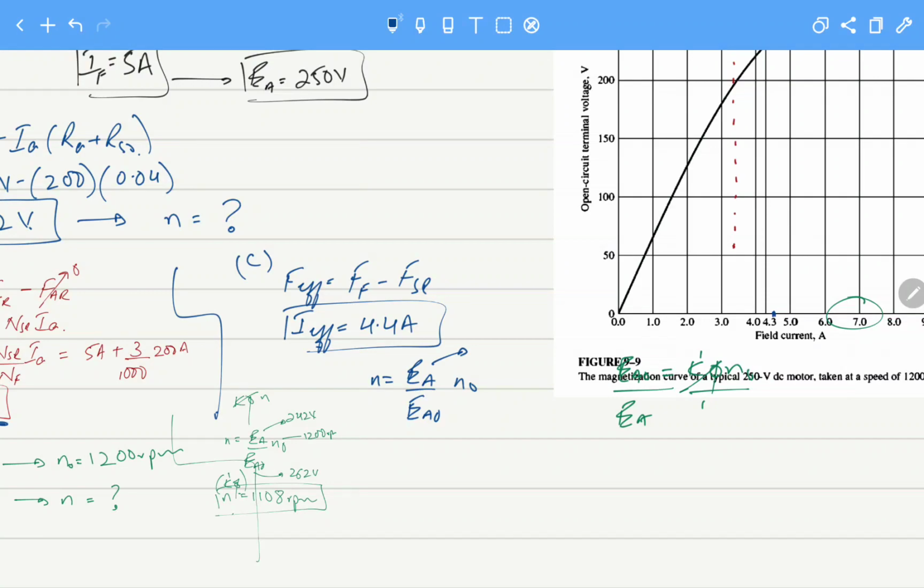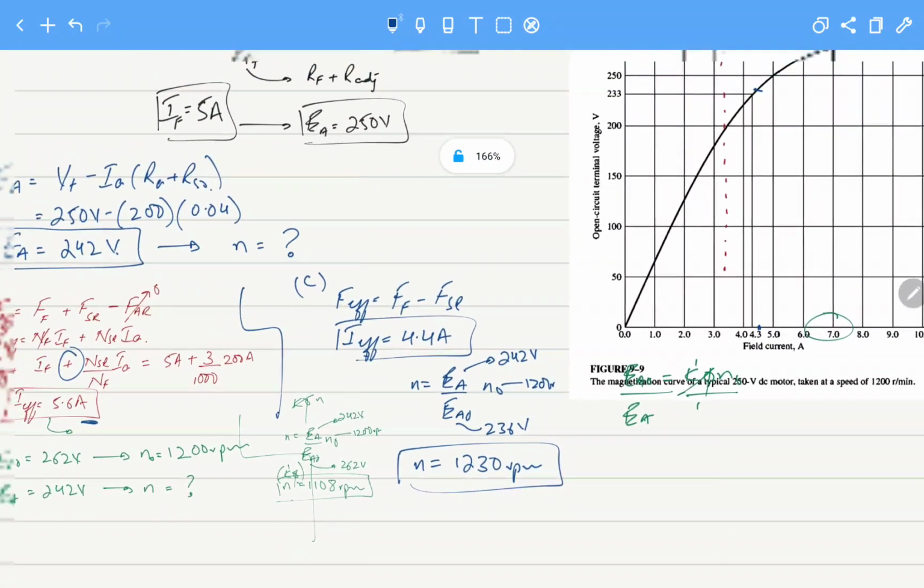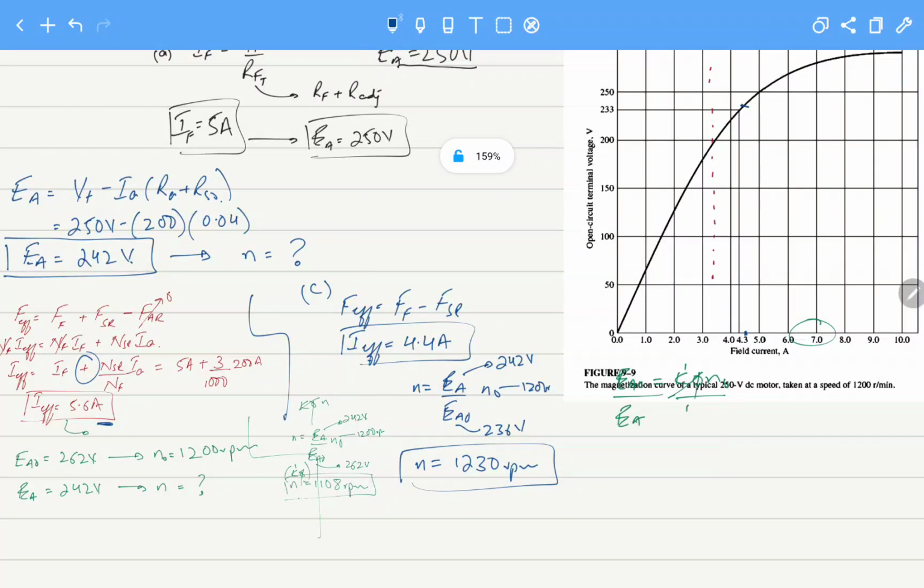EA will be again 242 volts for the same current, but EA naught is now 236 and this is 1200 rpm. So the speed of the motor will now be 1230 rpm in the case of the differentially compounded machine.